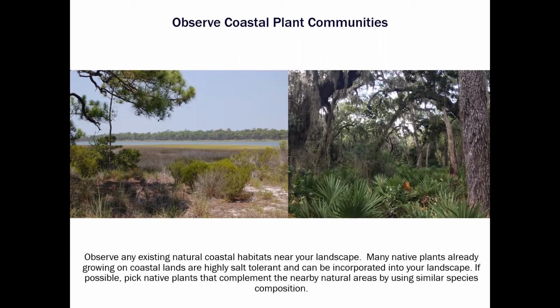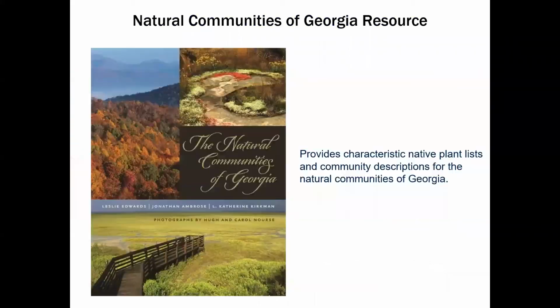They're highly salt tolerant, and maybe they're the appropriate ones to be considering to be incorporated into your landscape. If you're lucky enough to live near a natural area, it's a wonderful thing if you could pick native plants that complement those natural areas and enhance those areas as well, and perhaps provide even a corridor that expands the value to wildlife in the area.